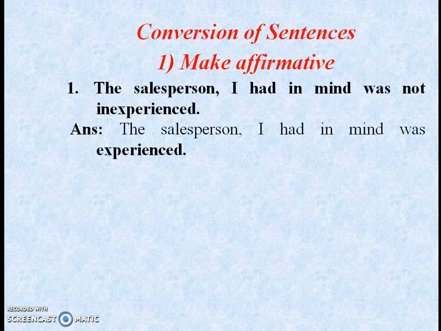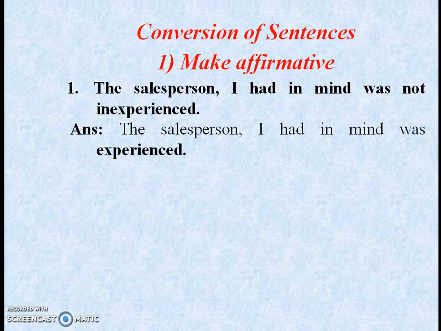For example, the salesperson I had in my mind was not inexperienced. It is an affirmative sentence because this sentence does not contain anywhere no, not, never word. We have to convert it into negative, means we have to use negative word, that is no, not, never.